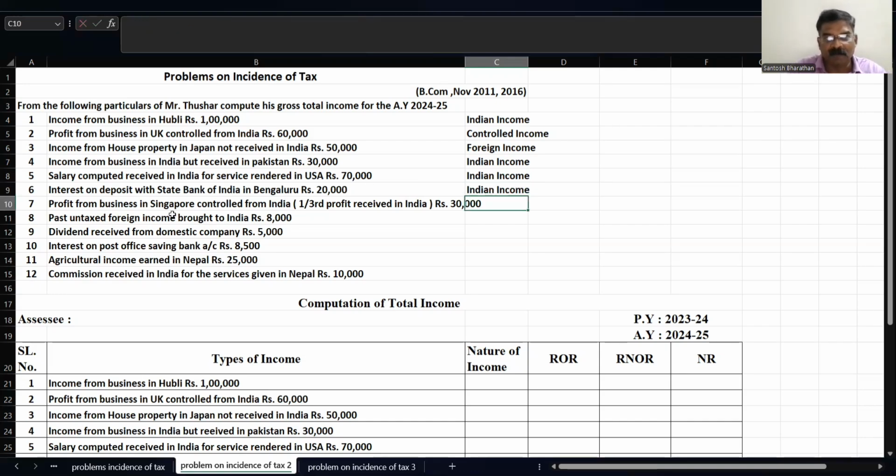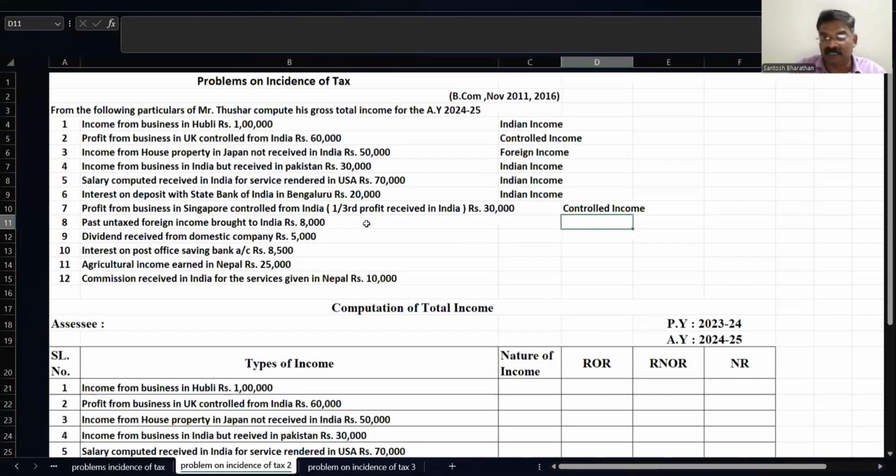Now, profit from a business in Sri Lanka, controlled from India. The profit is earned abroad but controlled in India, because the head office is in India, so we call that a controlled income. Apart from that, they have mentioned one-third of the profit is received in India.